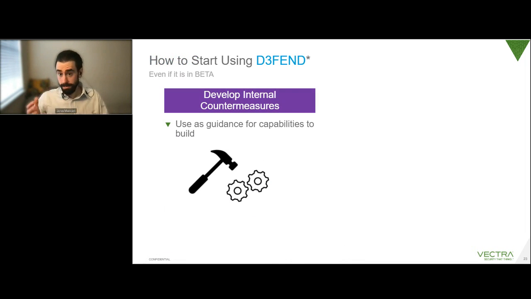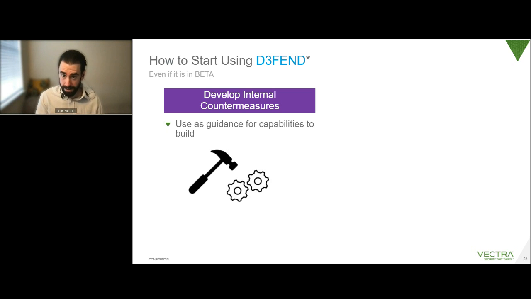So with that as what it is, how should defenders start to look to leverage D3FEND, even if it is in beta? Because there's definitely value in trying to leverage some of this stuff now. The first is to develop some of these countermeasures themselves. The documented countermeasures talk through what type of functionality exists today that can respond to attack.